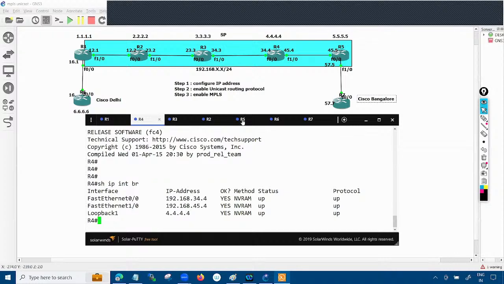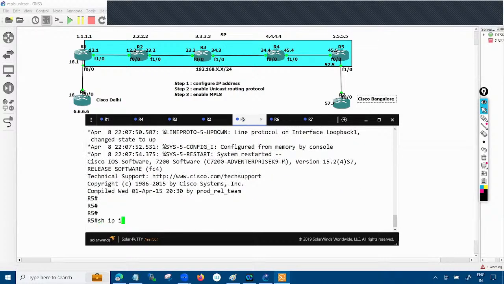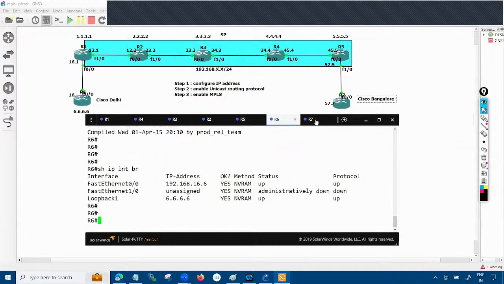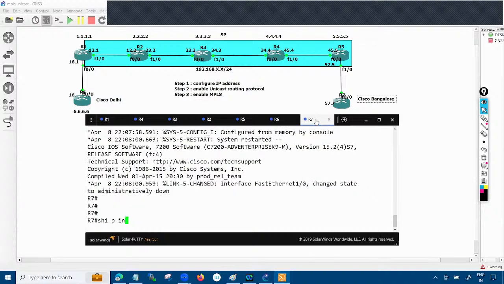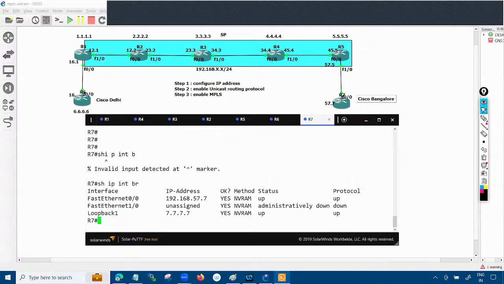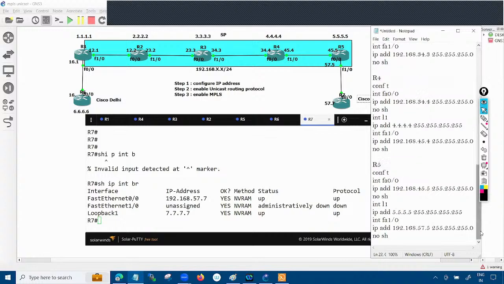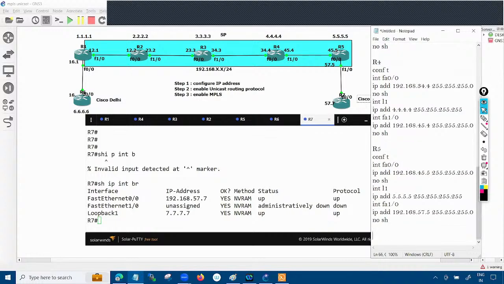R5: 45, 57. That's perfect. And R6 is done. R7: 57 and 7.7.7.7. Let me copy and paste it.